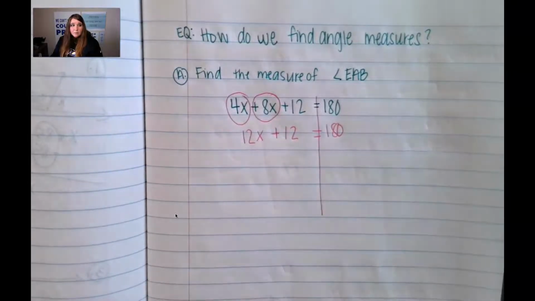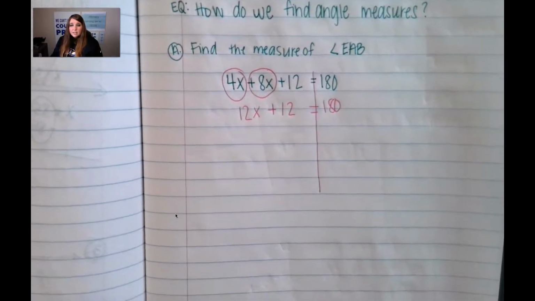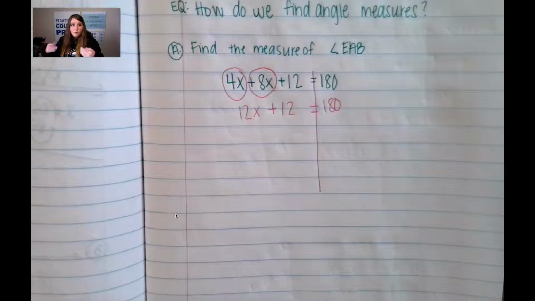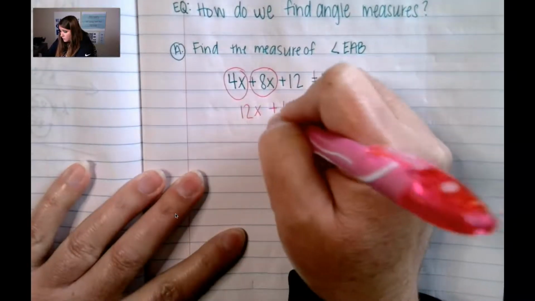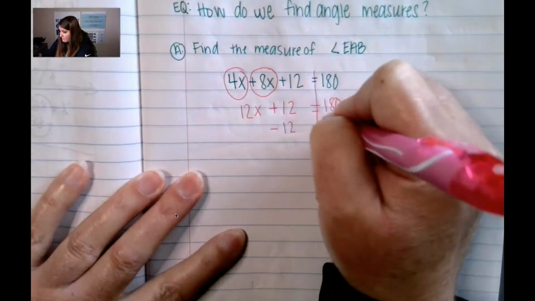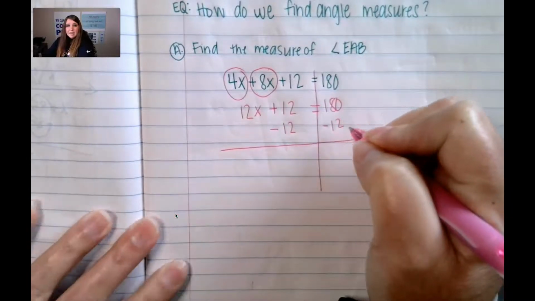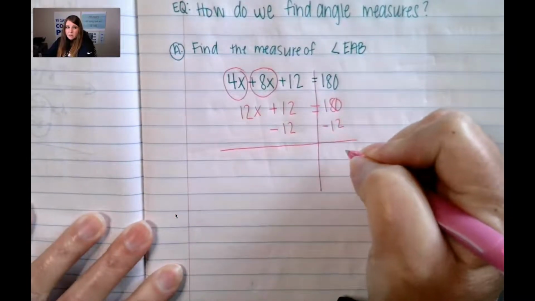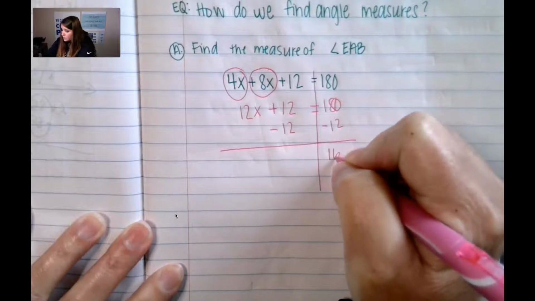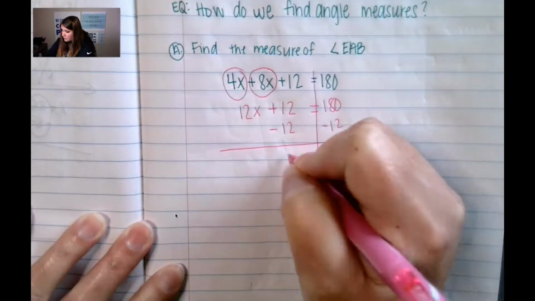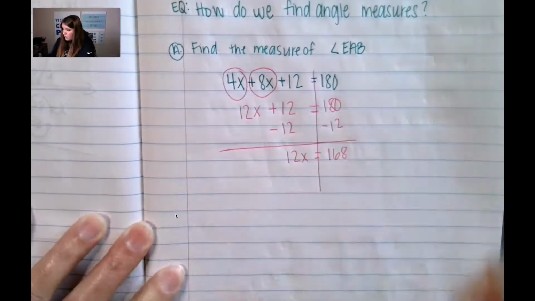So we're going to keep solving and we're going to continue to remove information so that we can find new. So minus 12 and minus 12. So 180 minus 12 gives us 168. And that gives us 12x.